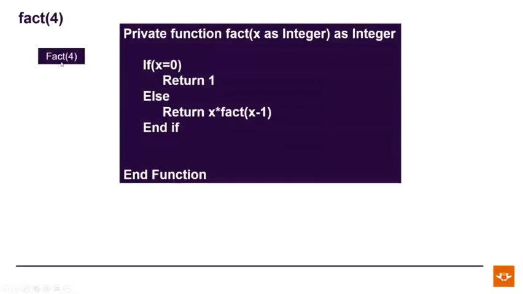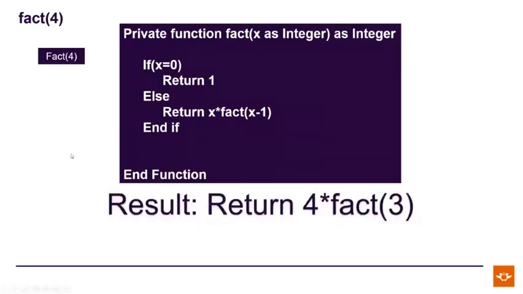If we call factorial 4, f of 4, is it going to return us 1, or is it going to run the recursive call? Okay, I'll come back to your thing. Okay, it's going to return the recursive call.